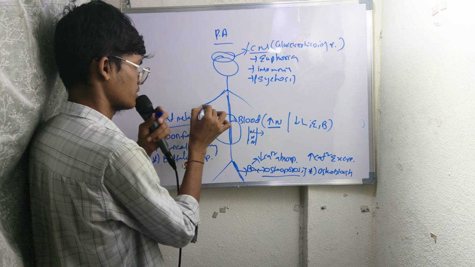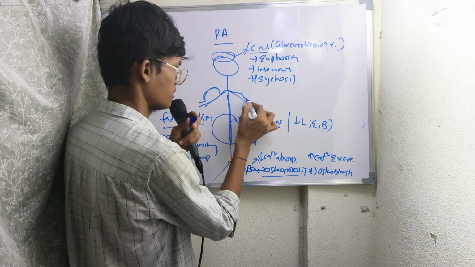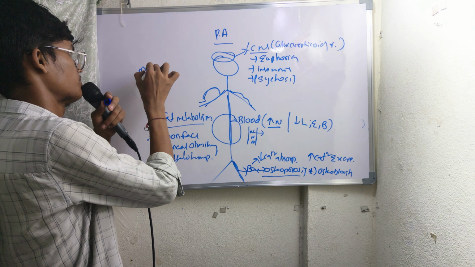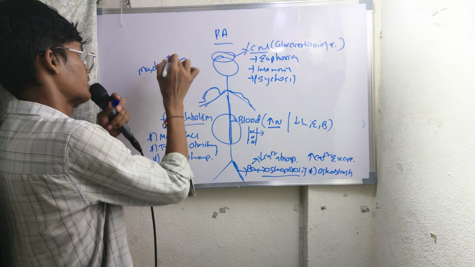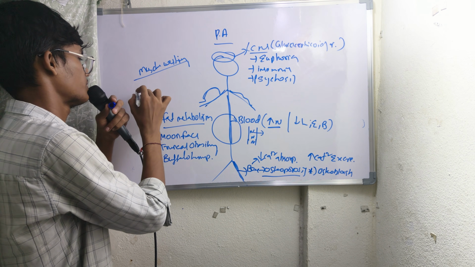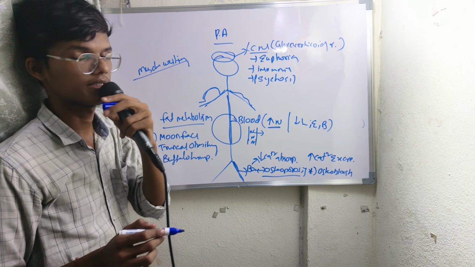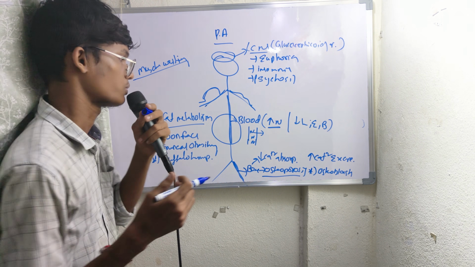And coming to muscle: think that he has big muscle, and as time passed it wasted. Muscle wasting. Why is there muscle wasting? Because cortisol is released in stress conditions, so the blood should contain more and more glucose.